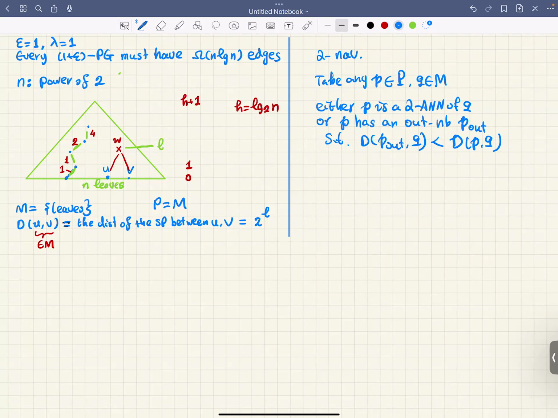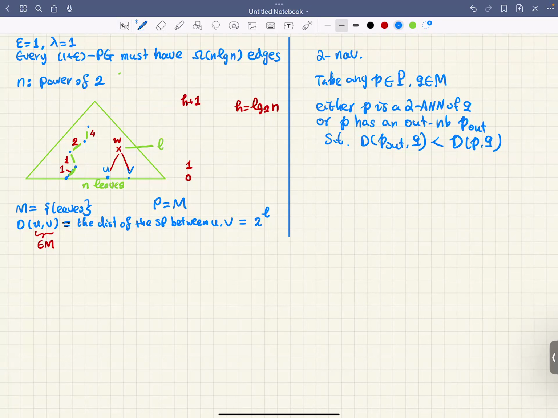Very importantly, we proved an if and only if condition in the first seminar. If you call your graph a 2 PG, it must be 2 navigable, and conversely, if your graph is 2 navigable, it has to be 2 PG. This is the property that we will utilize, because it is much easier to check and use.